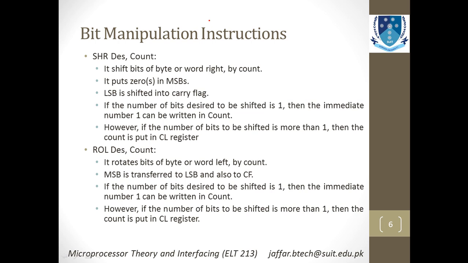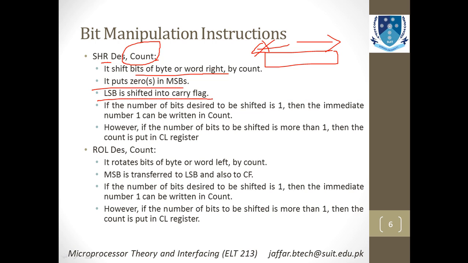Now there is another bit manipulation instruction that is basically the opposite of the previous one. This is known as shift right. You can see that there is no difference, except that instead of moving towards the left, you are moving the bits to the right side. It is totally up to you how many counts you want your bits to be shifted. It puts zeros in the most significant bit, and the least significant bit is shifted to the carry flag.